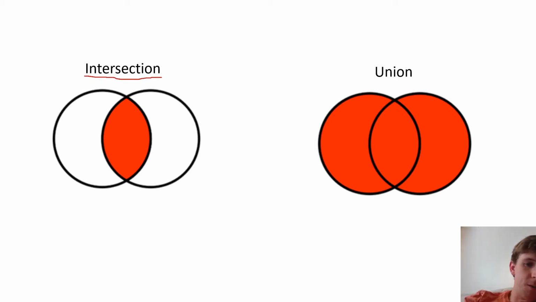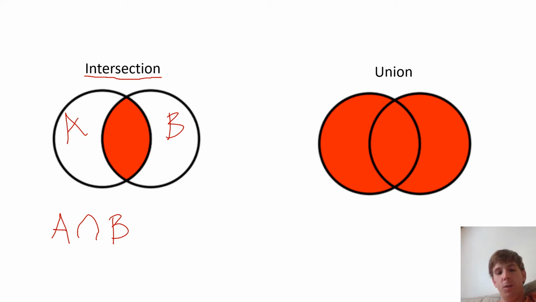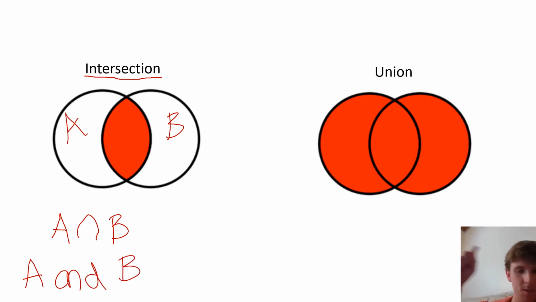If we have two sets A and B, the symbol for an intersection is this right here, basically an upside down U. In English you can think of it as A and B. So it needs to have both. In our previous example, it was a member of both sets, the people that had both types of antigens.